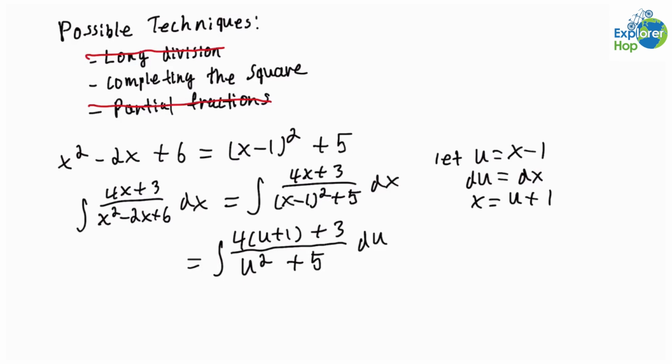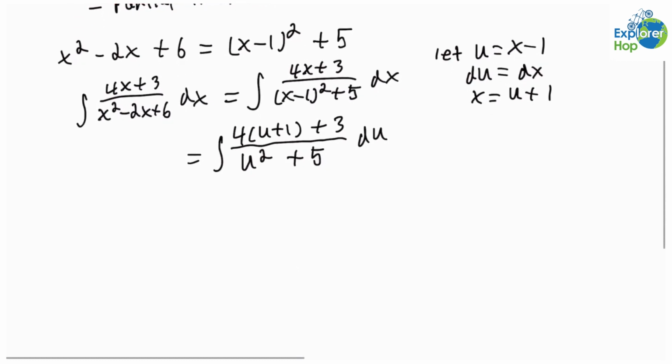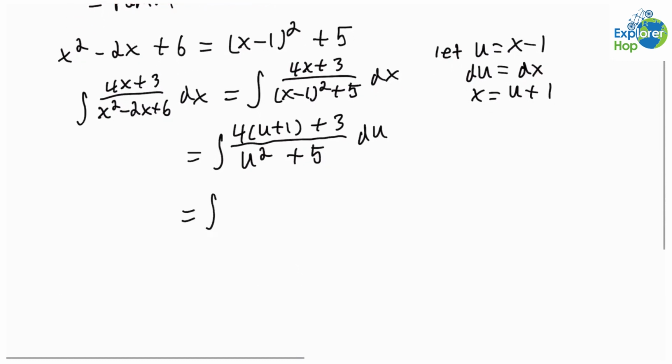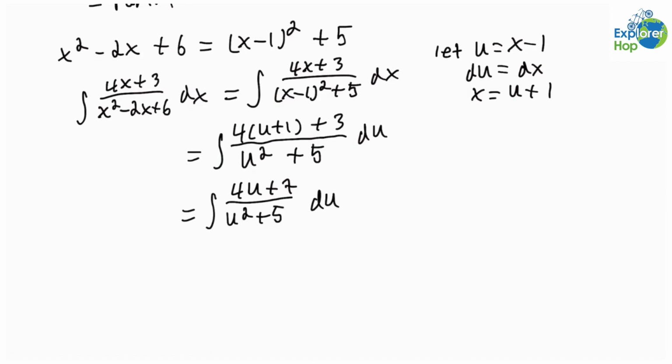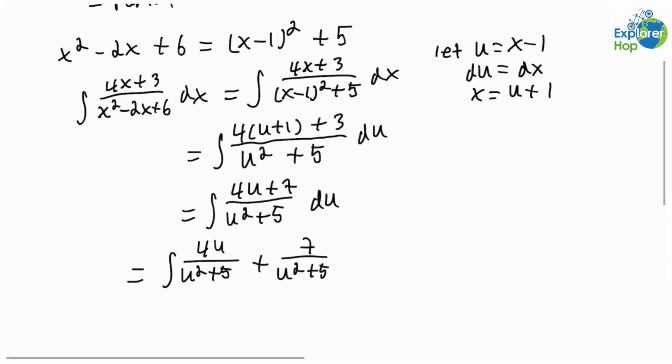And simplifying the numerator, this is equal to the integral of 4u plus 7 over u squared plus 5 du. And we can split this up into two terms. So this is equal to the integral of 4u over u squared plus 5 plus 7 over u squared plus 5 du.